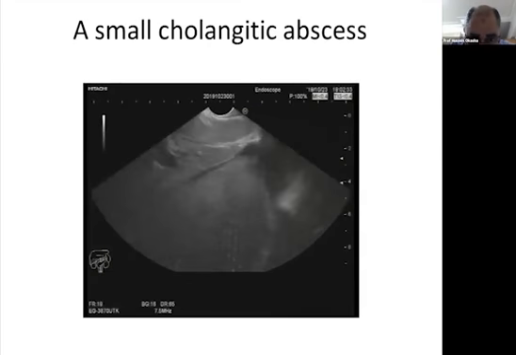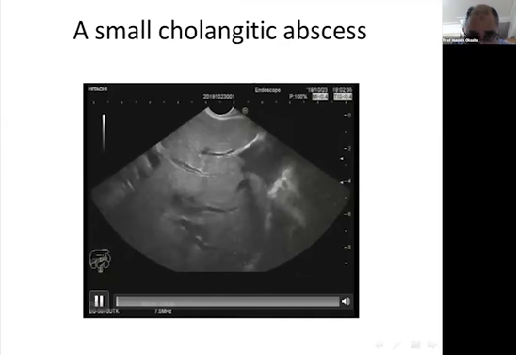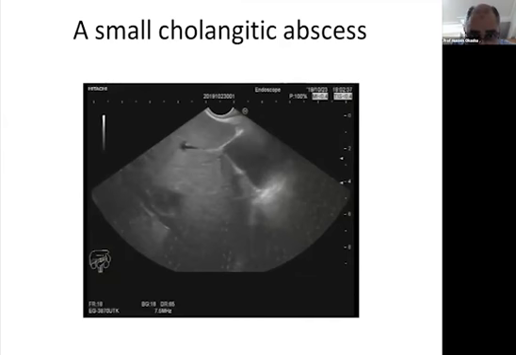This is an example of a third patient with malignant obstructive jaundice, pancreatic head mass, and biliary duct dilatation. After application of a stent, the bilirubin improved, but the fever and the rigors persisted with leukocytosis.